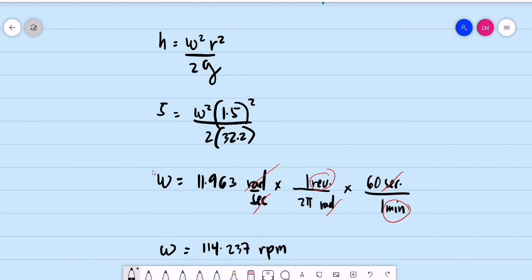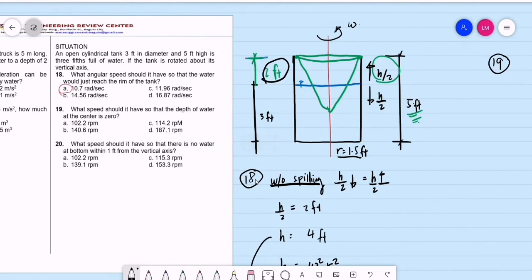If we are to check on our choices for problem number 19, 114.2, so the closest value is letter C.